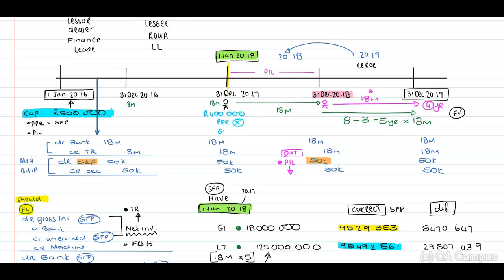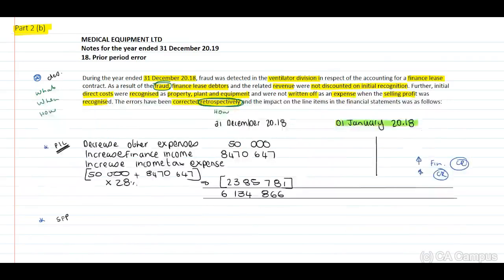We need to take this out, statement of financial position. If you're standing at the end of 20.18, we have the 350,000 still included in our PPE, which we need to take out, statement of financial position. Therefore, immediately I will transfer this to my note, which will result in a decrease because we need to take this out. This is a decrease in our property, plant and equipment.